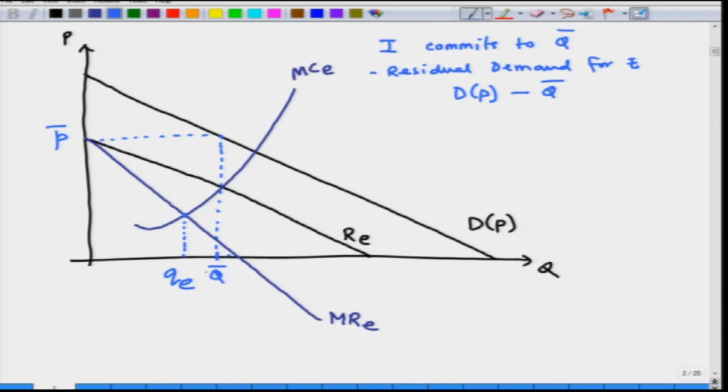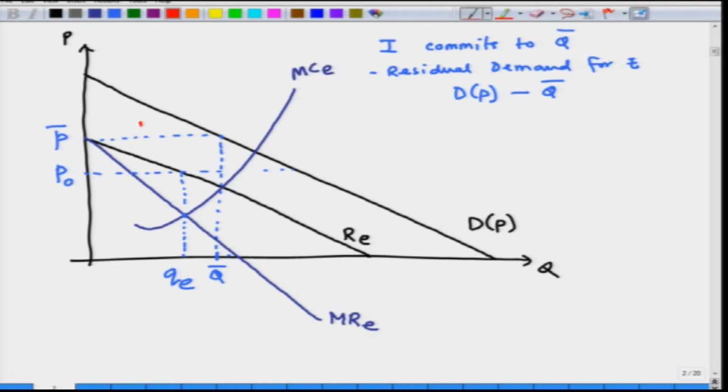Now, given that the incumbent has produced Q bar units, the combined output is QE plus Q bar, which let us say leads to a price P naught, or P 0. So, this is the price that is obtained, and suppose this price P 0 is such that it just barely covers the entrant's average cost curve.